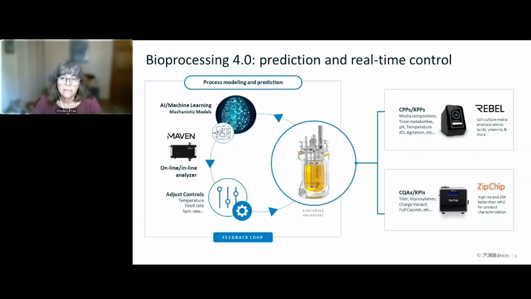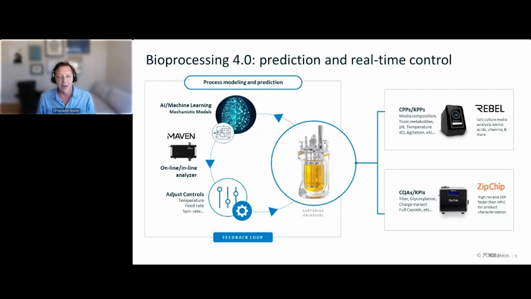Yes. So we've been very active in this domain and invested a lot at 908 Devices in trying to help people in the Bioprocessing 4.0 initiative. So we have several products that are today in the marketplace. So one is the ZipChip down on the lower right-hand side.